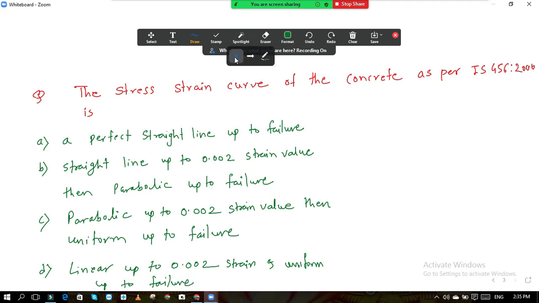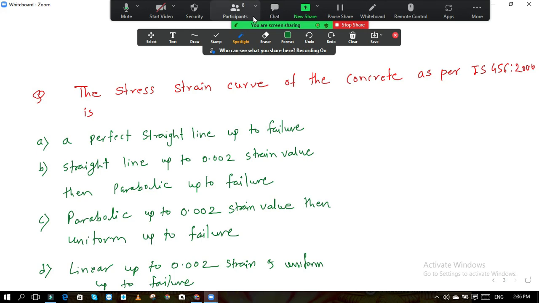Now they are talking about the stress strain curve of the concrete. How is the stress strain curve? We already studied this curve. Option A is a perfect straight line up to failure. Option B is straight line up to 0.02 strain value and then parabolic. Option C parabolic up to 0.002 strain value and then uniform up to failure, and D linear up to 0.002 strain and uniform up to failure. These four options are given.